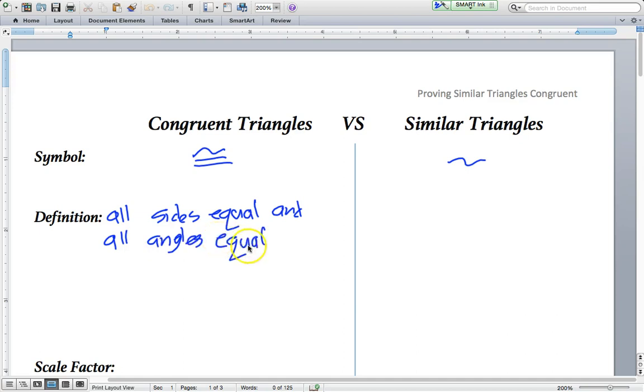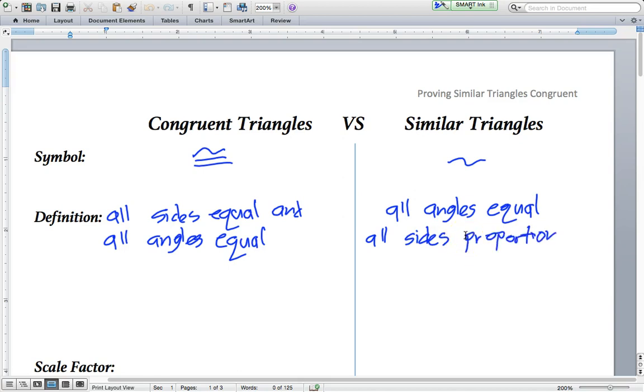Okay, now on the flip side, triangles are similar if all angles are equal, just like congruent, but the sides are not equal, okay? You might remember from the last stuff we've been talking about, all sides have to be proportional. Okay, got to be proportional.